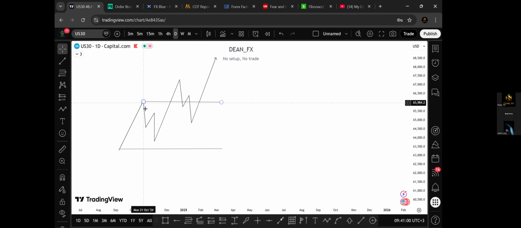Whatever the market does in between this structure, as long as it does not break this low, we are still bullish. Even if it causes a market structure shift in between here, a break of structure here, as long as it does not break this low that was created previously, the major low.